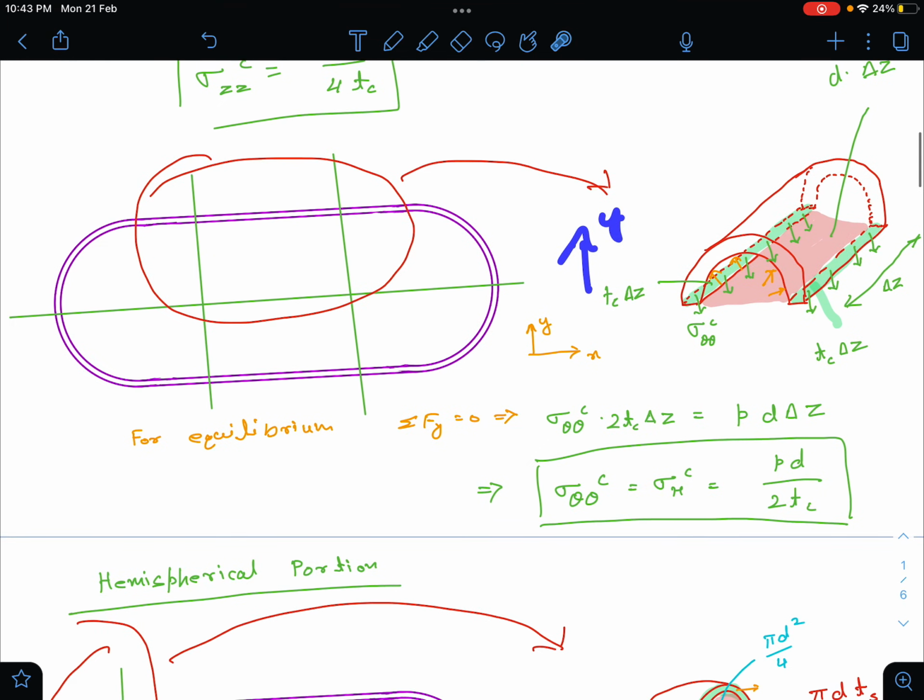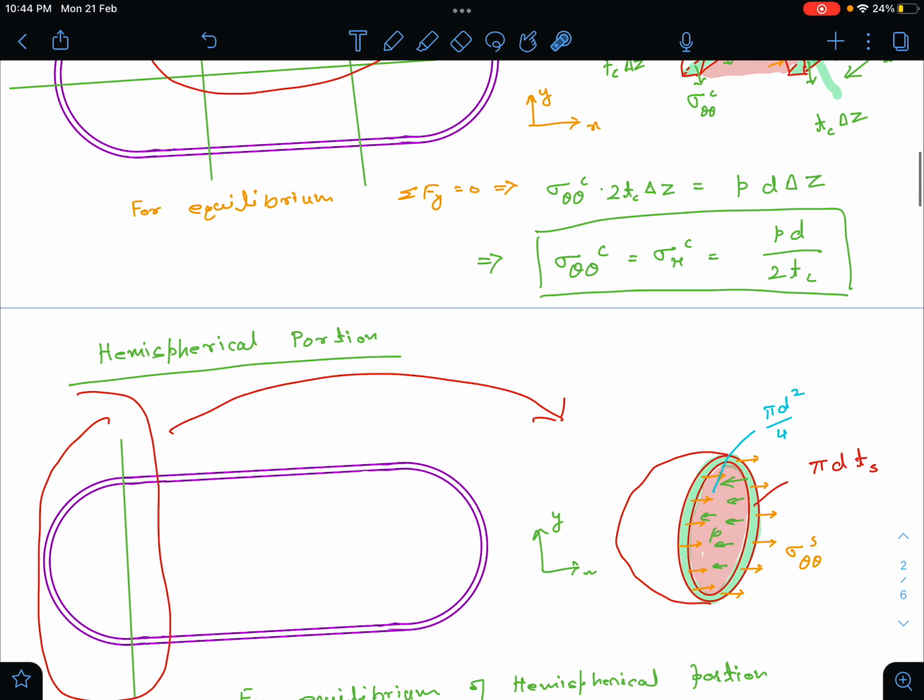So if net force in y direction is equal to 0, this implies sigma theta theta c times the area, that is this area plus this area, which is 2 times Tc, where Tc means the thickness of the cylindrical portion, times delta Z, equals P times the projected area, which is d times delta Z. So this will give us the expression for hoop stress in the cylindrical portion, or sigma theta theta c.